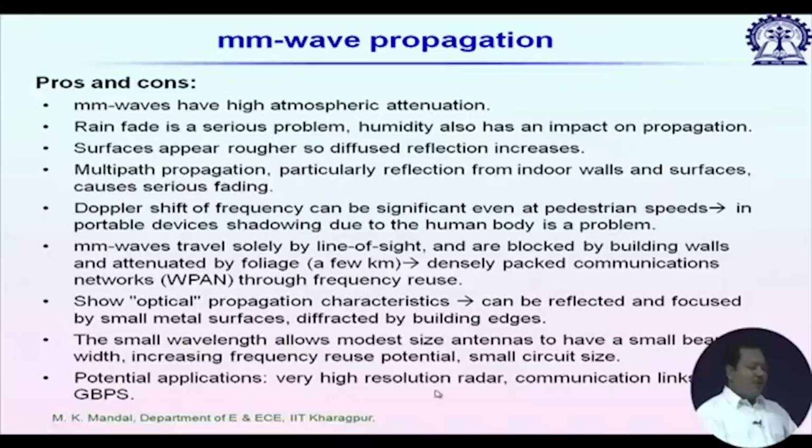So, we can easily design arrays of antennas at millimeter wave frequencies because the antenna size is small. An array of antennas we can easily fit over, let us say, a square feet area. Potential applications: very high resolution radar, and communication links typically of more than 10 gigabit per second.